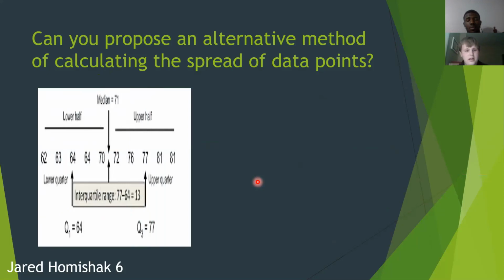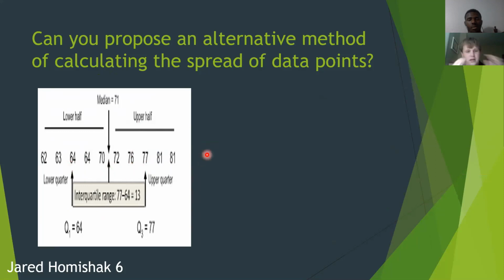One is by looking at the interquartile range of data points. If you look at our chart here on the left, we have 10 data points, and we split it up into a lower and upper half. Now we take the median of these halves, and these represent our quartiles. From here, we see that the upper quartile is 77, and the lower is 64.